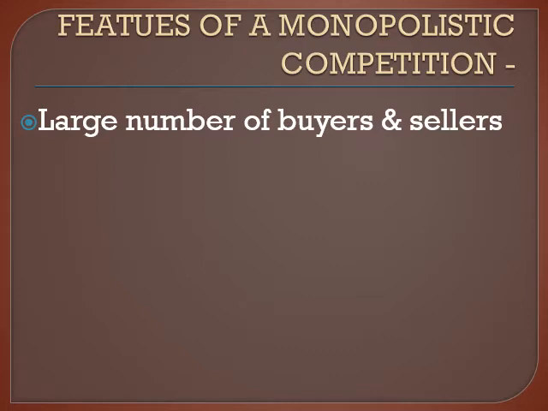So this makes the firms competitive because there are small units of many firms. So there are many buyers and many sellers. Next is free entry and exit. In this case, the firms have absolute freedom to enter into the market and to leave the market. We saw this earlier also.